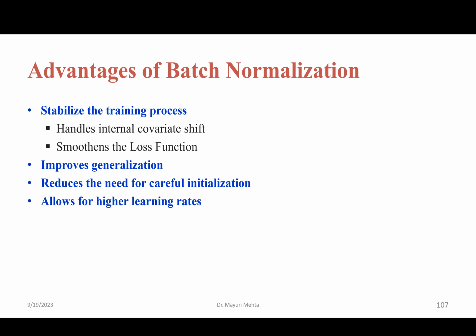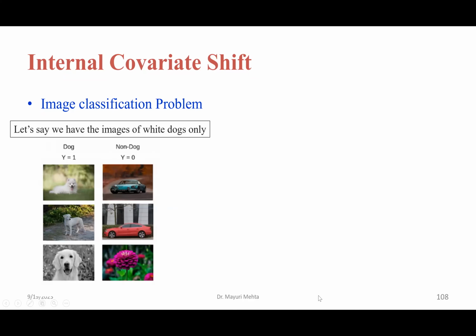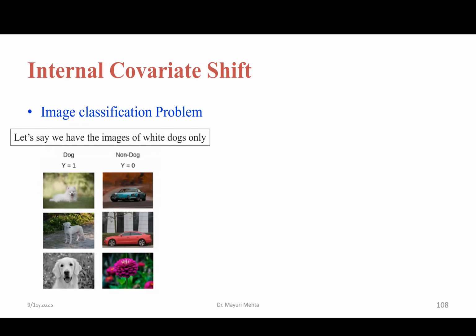Suppose we are training a model for image classification. We are training one neural network for image classification, and that neural network is expected to classify the image as dog or not dog, whether the presented image contains a dog or not.